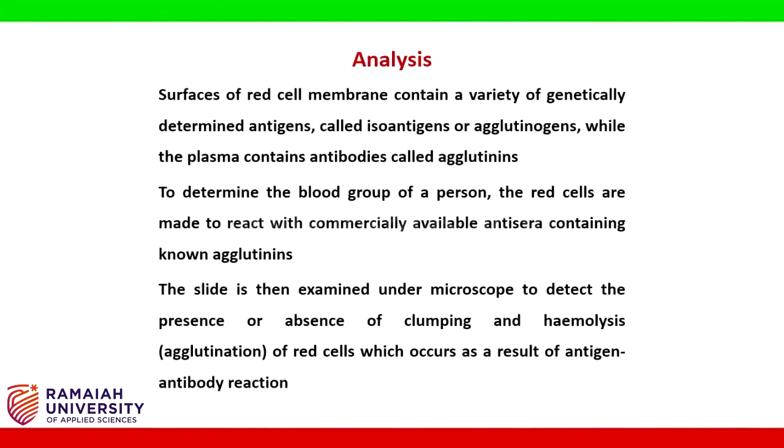Analysis: surface of red cell membrane contains a variety of genetically determined antigens called isoantigens or agglutinogens, while the plasma contains antibodies called agglutinins. To determine the blood group of a person, the red cells are made to react with commercially available antisera containing agglutinins.